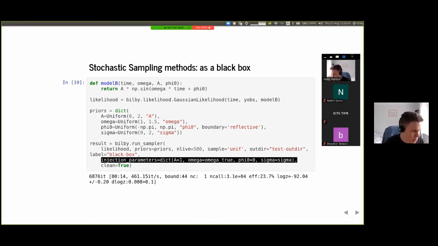Has Bilby been used in low latency and multi-messenger research, like the SPIIR pipeline? No. Nested sampling and these full PE methods are so much slower than anything you could do with something like SPIIR. Those pipelines are planned to be as fast as possible, and they're talking about producing results in milliseconds.